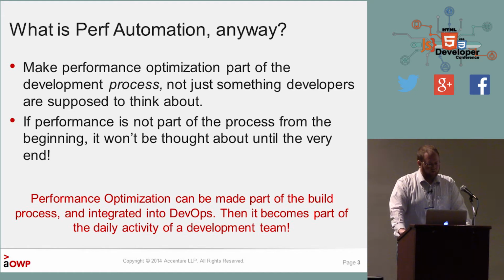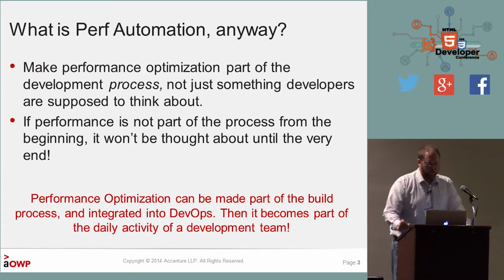Right? If performance is not part of the process, you can absolutely guarantee that it will be thought of only at the end, because we're all developers, we have deadlines, and we need to get functionality out the door, not necessarily optimized code and optimized application logic all the time.